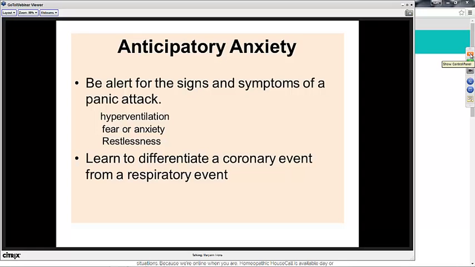It can be having to give a talk. It can be, you know, you're going on stage. It's whatever. It's anticipatory anxiety.